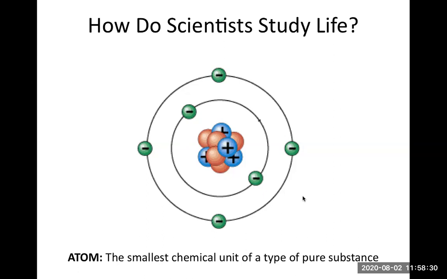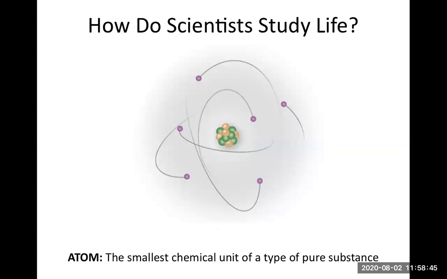We used to draw all of our atoms like this, but it turns out that's not actually how atoms exist in the world. It's not super organized like this. It's still organized, but it's a little bit more haphazard. So now we draw atoms like this. We still have the protons and the neutrons in the nucleus in the center of the atom, but the electrons, which are purple now, are zigging, zagging around the outside of the nucleus.